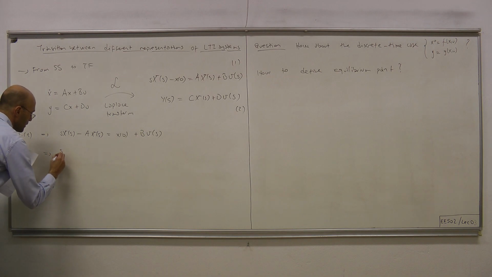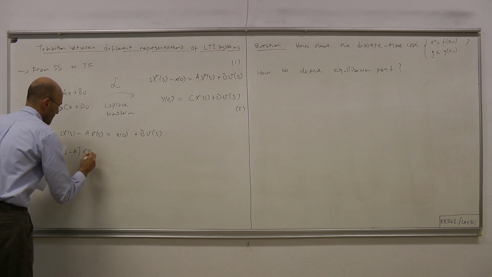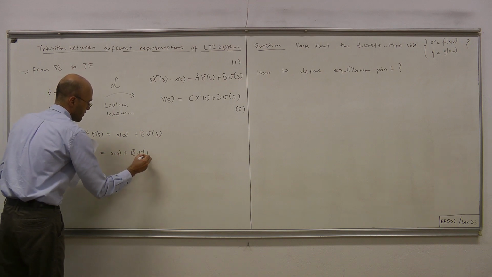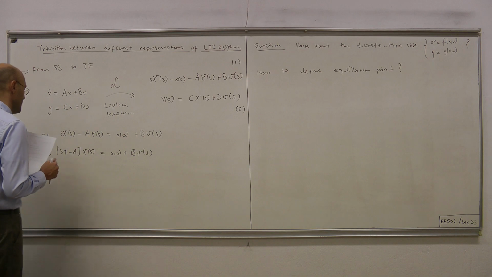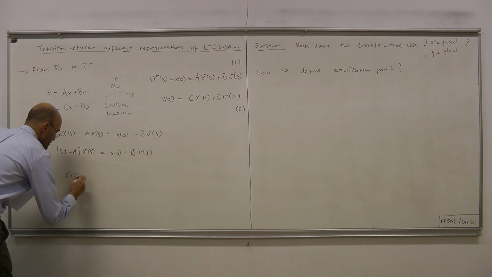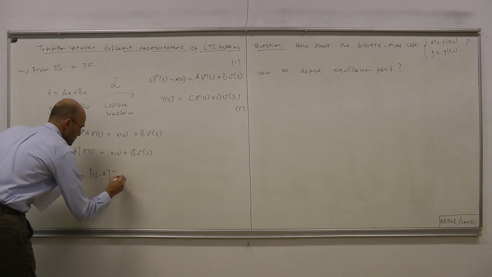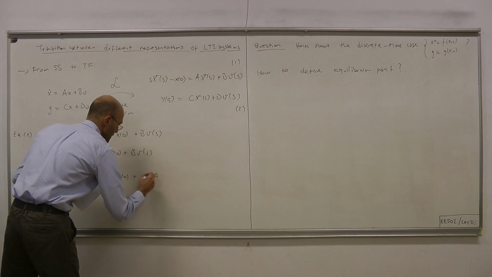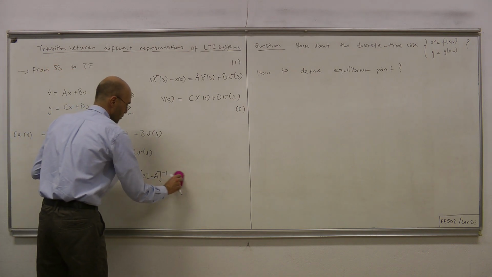Then we can write this as (sI minus A) times X(s) equals x0 plus B times U(s), and then multiply both sides by the inverse of the matrix sI minus A. We can write X(s) as (sI minus A) inverse times x0 plus (sI minus A) inverse times B times U(s).